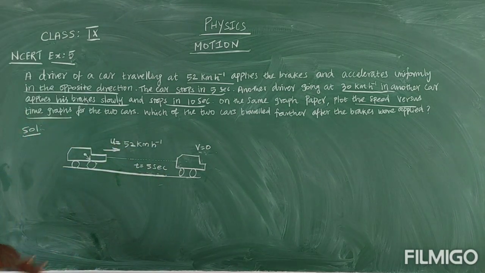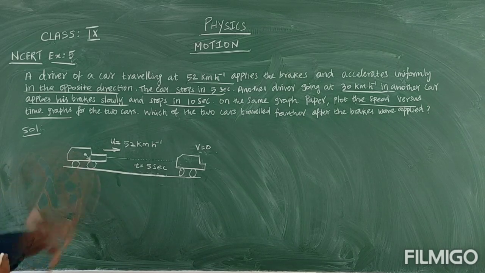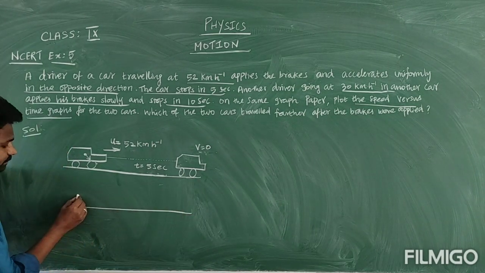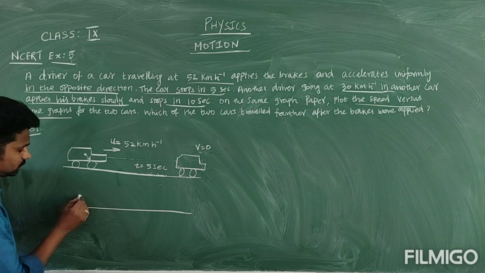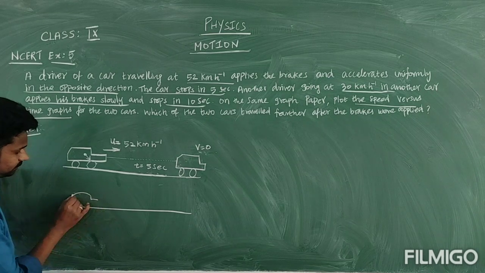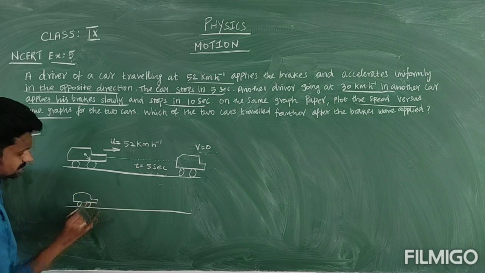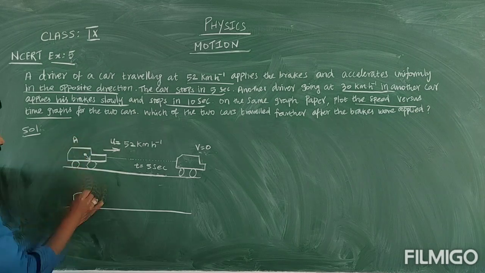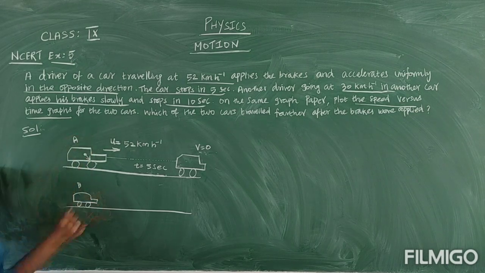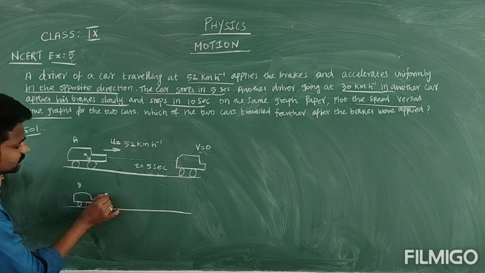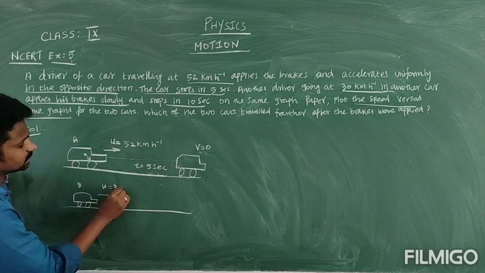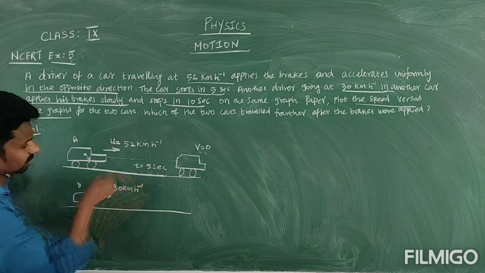Then another driver going at 30 km per hour in another car. So one more car, in the same row, let's imagine. This is a different car. The first one you can say car A, this one car B. For car B, the initial velocity given is the speed 30 km per hour.